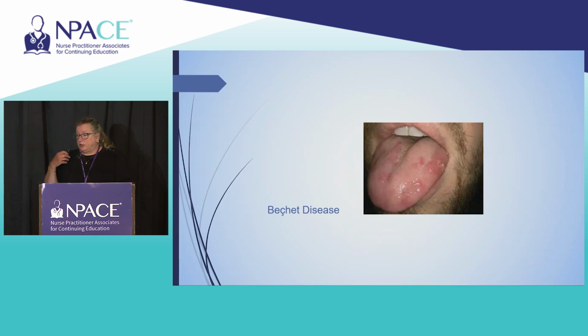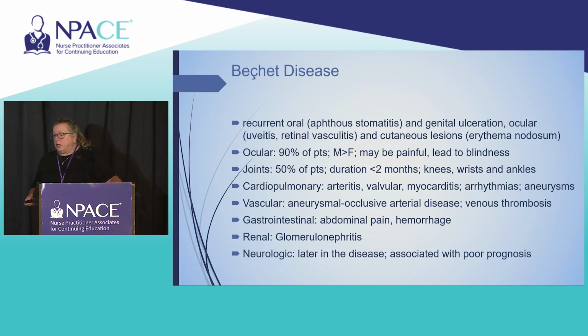Typically there are these chronic recurrent aphthous ulcers, but it is also accompanied by ocular inflammation in the form of uveitis or vasculitis, and genital ulcers. So it's affecting the mucosa, right? Eyes, oral, genitalia, and some patients have erythema nodosum that develops on the lower legs. We'll see a photo of that in a minute.